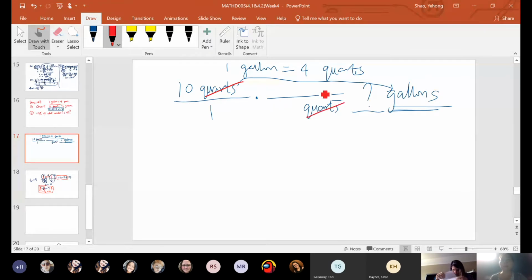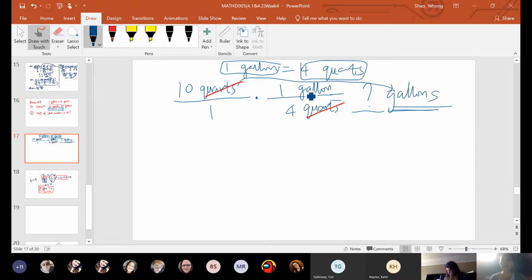And then we can have gallon on the top that will leave us the gallon. So that's the idea. We look at the conversion relation between gallon and quarts. You can take one of them, one side will go on the top, one side will go on the bottom. Apparently I need the quarts to be on the bottom, so I put 4 quarts on the bottom. The other one has to go on the top.